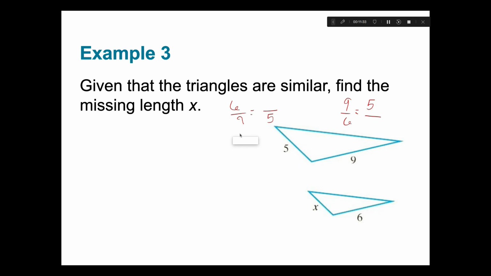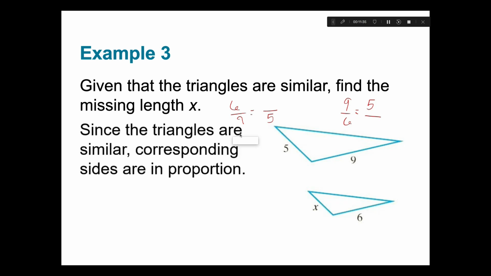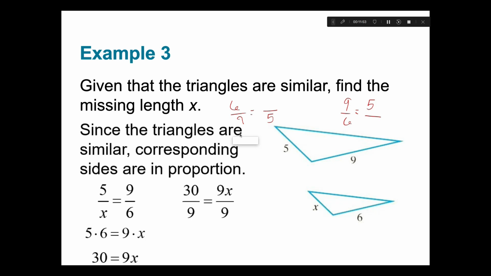Cross multiply and divide. When I cross multiply those, I end up with 30. 30 divided by 9 gives me 3 and 1/3. So x is 3 and 1/3.